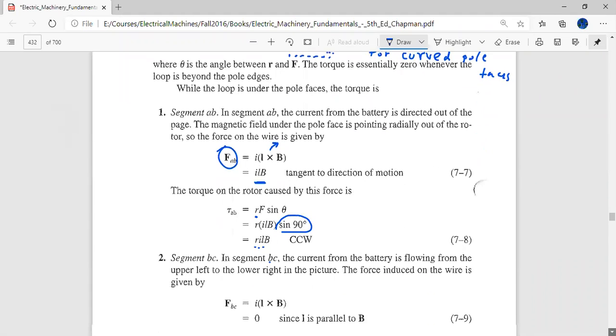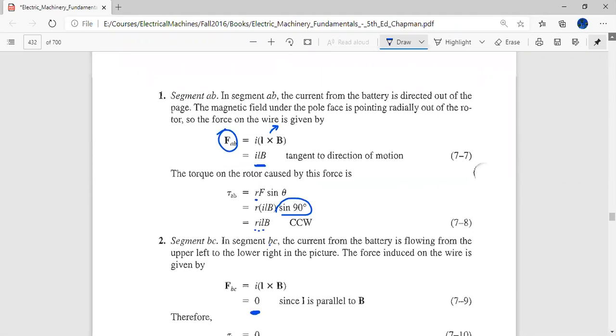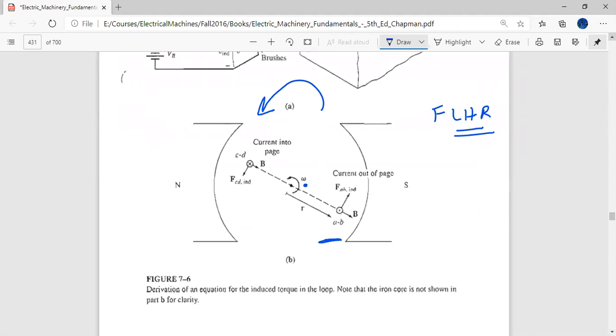Similar will be the case of the opposite segment CD. But when we look at the segment BC, it will have no force. Why will segment BC have no force? Let's look at the diagram.